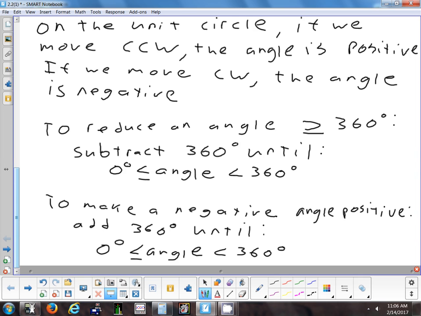So if you decide to work in radians, you could add or subtract 2 pi. Most people, when I teach this, don't like to work in radians. If they have a problem in radians, they'll change it to degrees and do it that way. And that's fine too. You just have to remember how to change radians to degrees. Okay, so any questions on that idea?